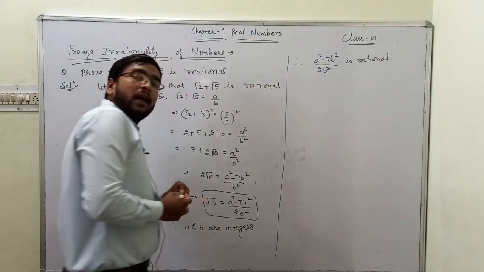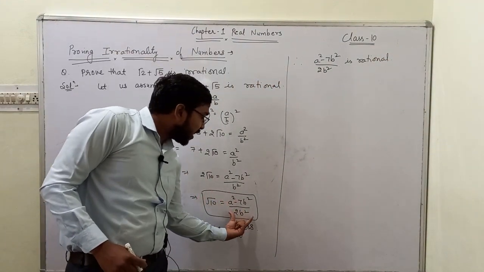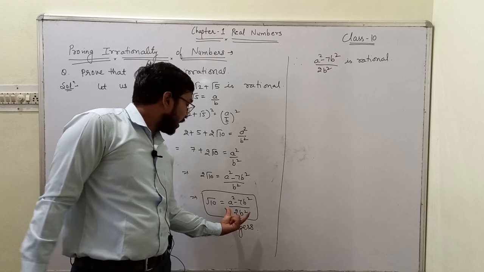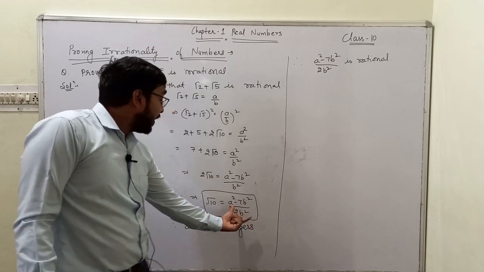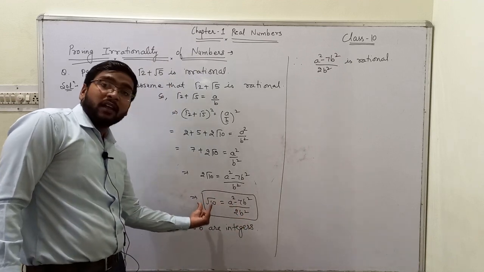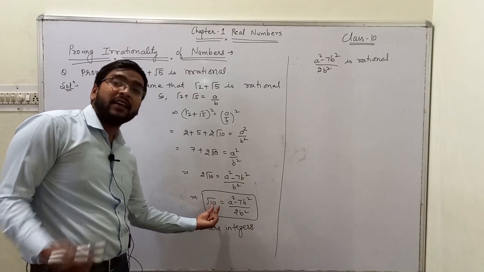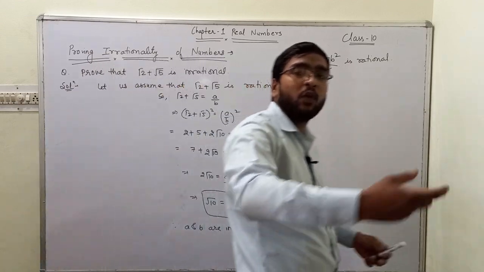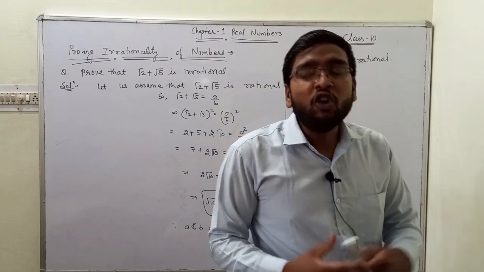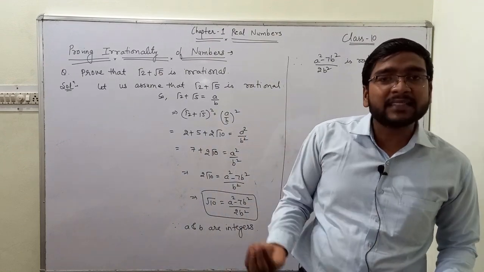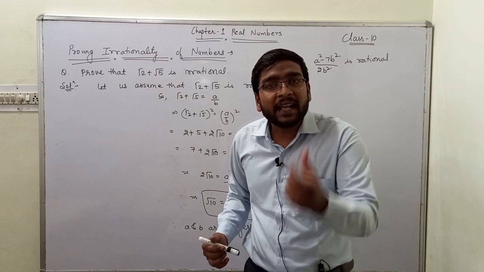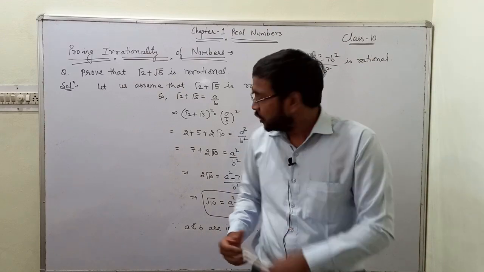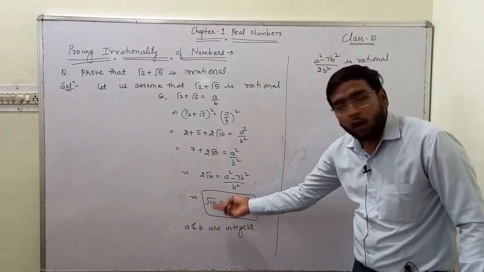So the expression in the RHS is a rational number, but in the left hand side the expression, that is root 10, is irrational. So how is it possible that a rational number is equal to an irrational number? The value of a rational number can be determined exactly, but we cannot determine the exact value of an irrational number. So this statement cannot hold true.